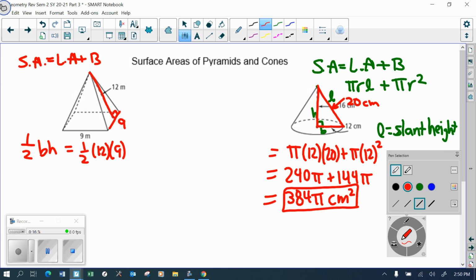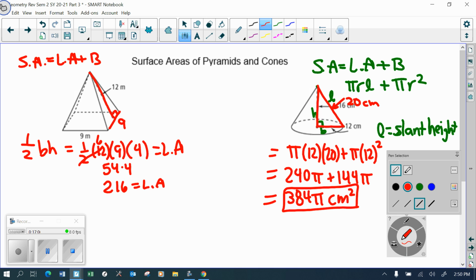That's one of them. And how many triangles do I have? 4 of those. So there right there is the lateral area. Half of 12 is 6 times 9 is 54 times 4. So 54 times 4 is 216. So 216 for the lateral area.